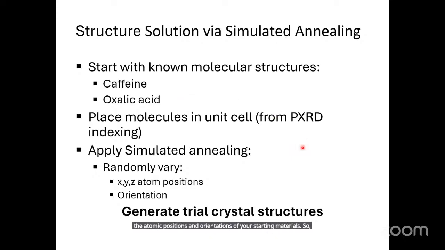When you do indexing, you don't really need to know the actual structure. Maybe for space group assignment, but for the most part it's not a big requirement to know your starting structure. But when you start to do simulated annealing, you need to know the actual number of molecules and all of that.